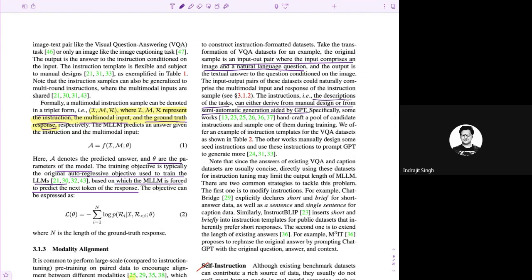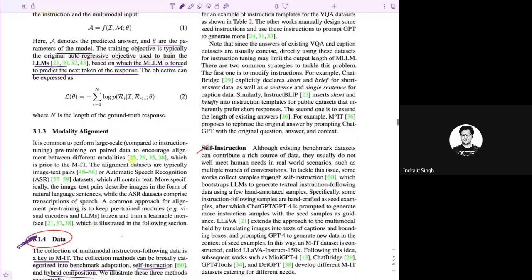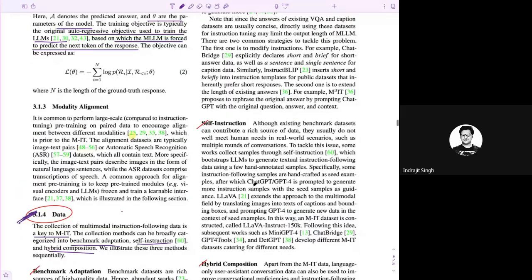So we are basically trying to design that as well. Specifically, some papers handcrafted a pool of candidate instructions and sample one of them during training. You can refer to these papers later.